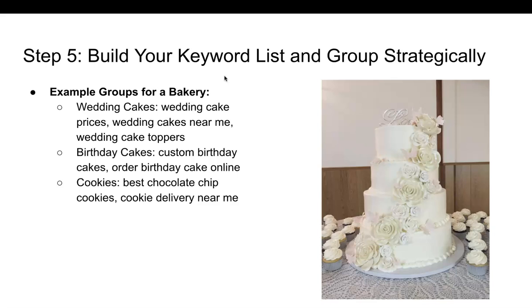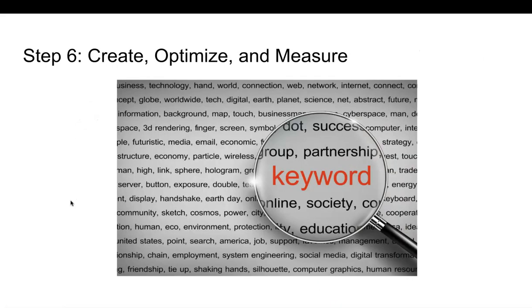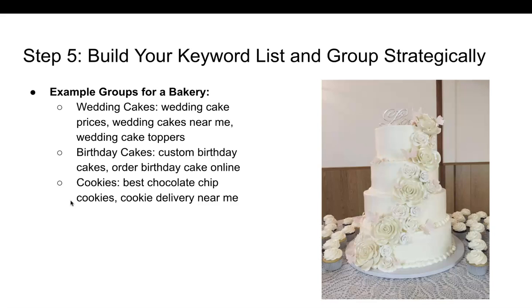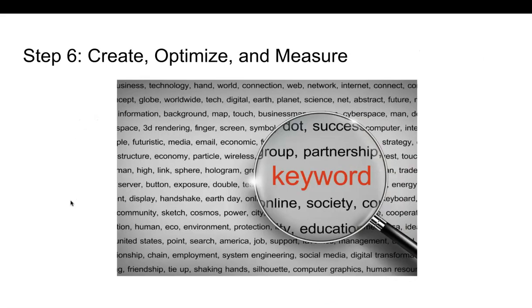For birthday cake, we have custom birthday cakes, order birthday cake online. And for cookies, we have best chocolate chip cookie, cookie delivery near me. Also, I want to add that grouping keywords helps you write focused, relevant content and tightly targeted ad campaigns that drive better results.